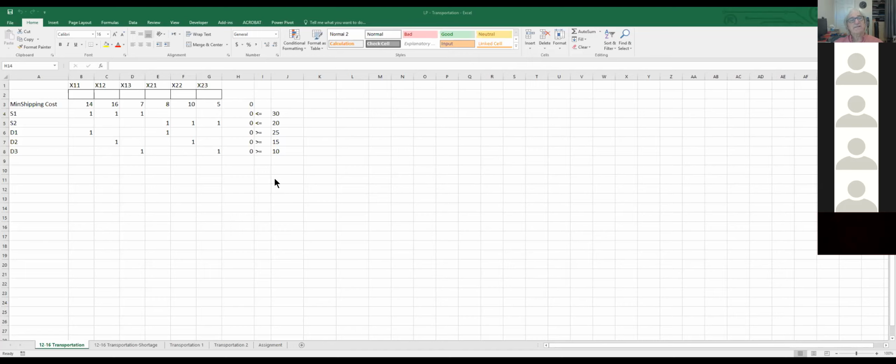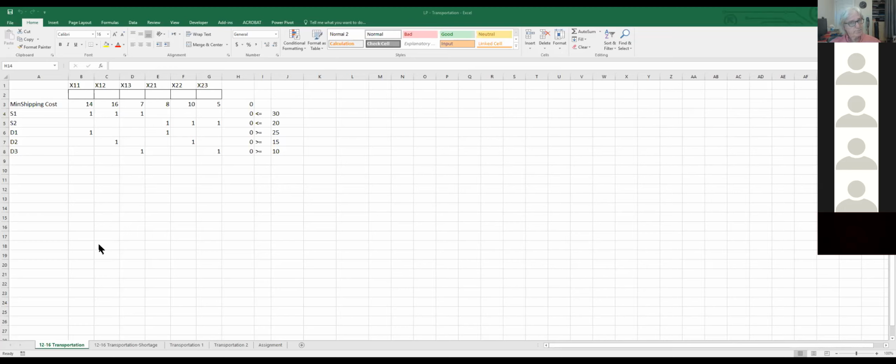So now let's look at the model itself. Here are the variables. So you have six, because you have 2 by 3. And here we make room for all the values of those variables. Here you entered the objective coefficients, which are the unit shipping costs. And now come the constraints. You should be familiar with this notation.